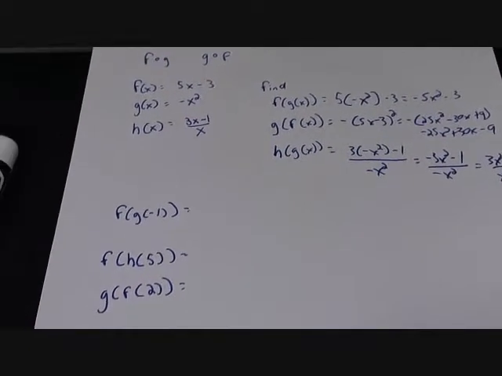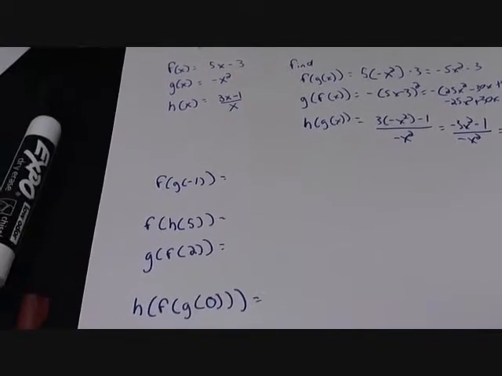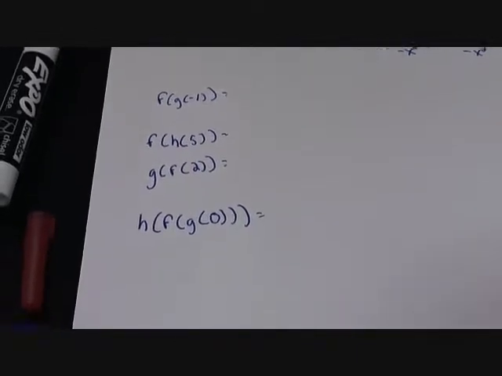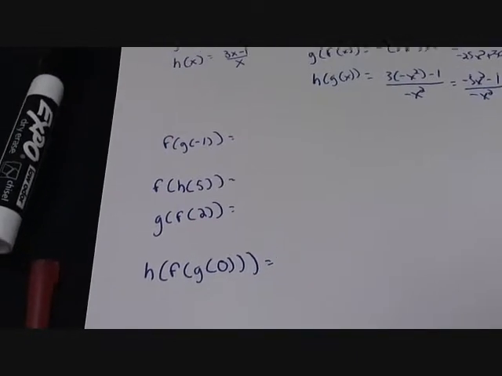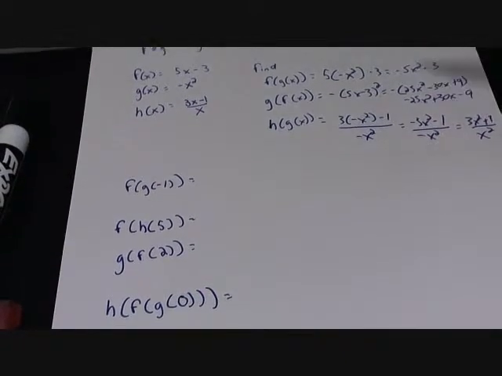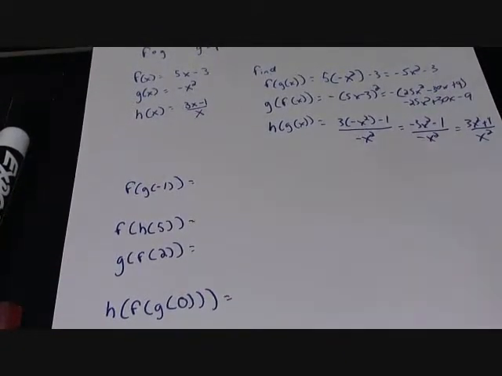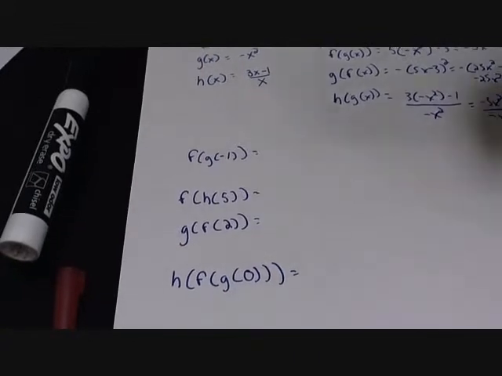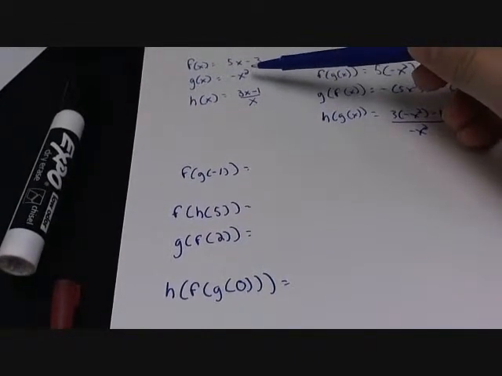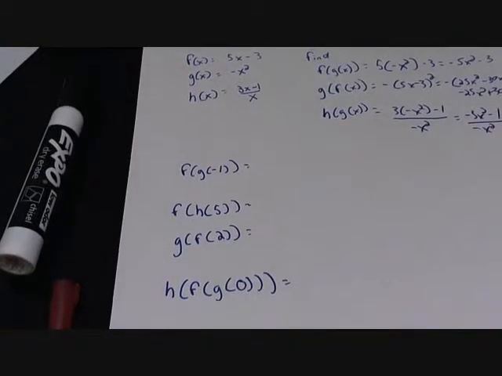So now using the same functions, we're going to find f of g of negative 1. Instead of doing all this work and then plugging in negative 1, we're going to do an easy way: plug in negative 1 into g first, and then whatever number you get here, plug it into f of x.